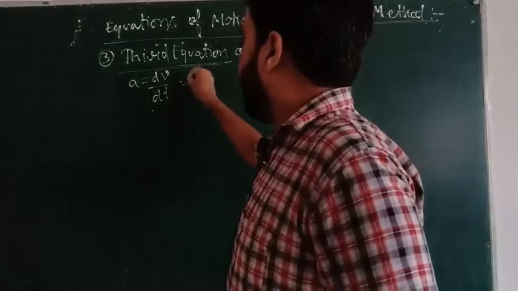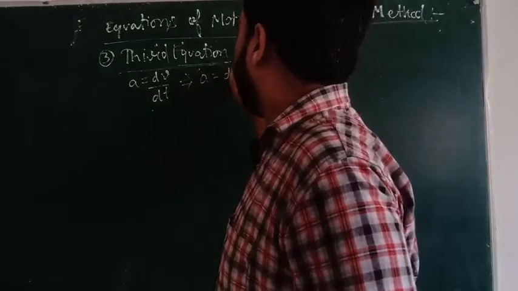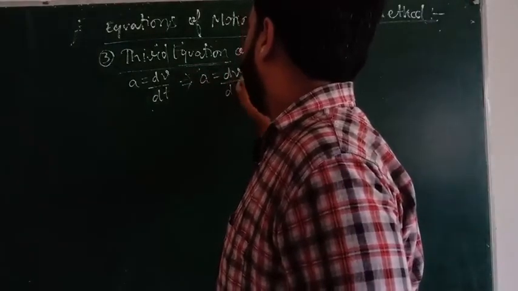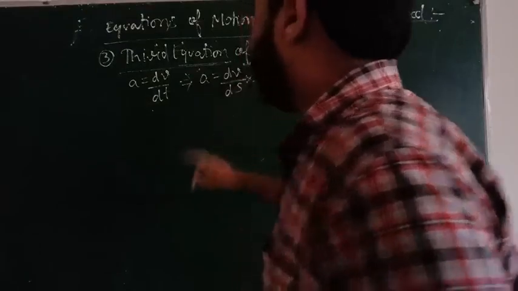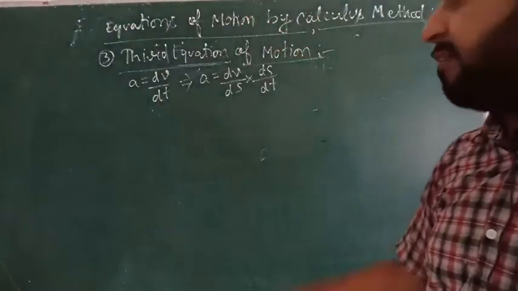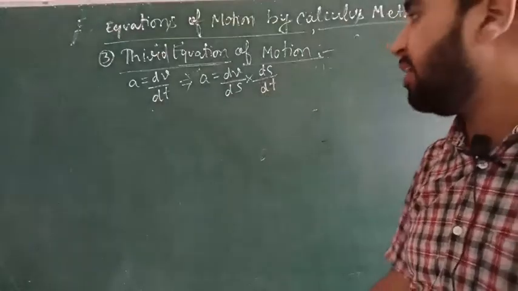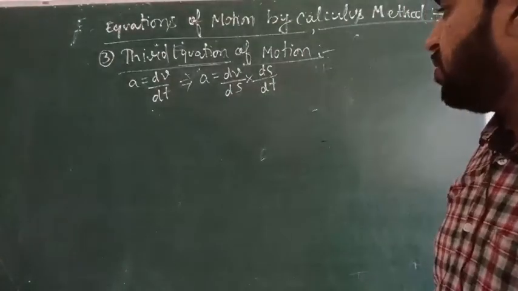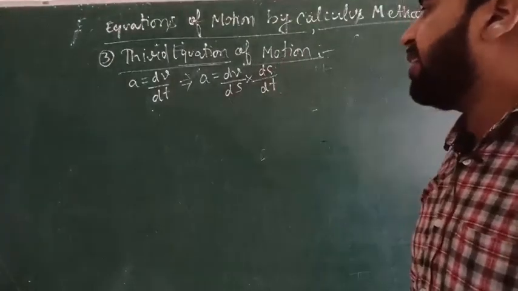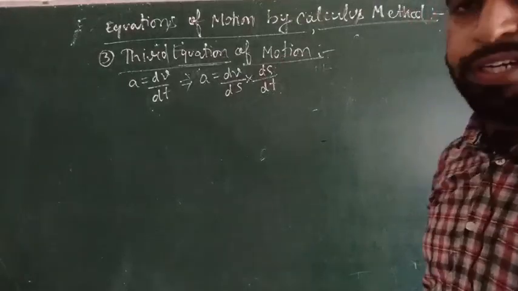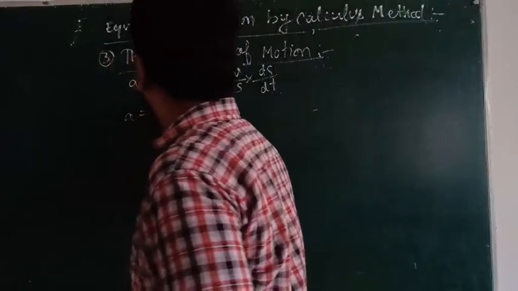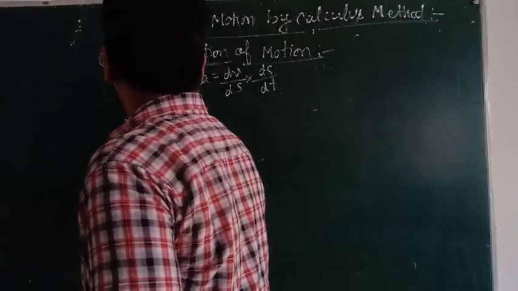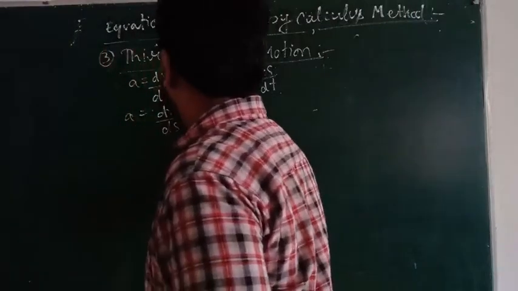Suppose I multiply this by ds and divide it also by ds. ds is multiplied, ds is divided. There will be no effect because it is 1 only ultimately. So ds upon dt is what? ds upon dt is velocity. Displacement upon time is velocity. So acceleration a is equal to dv upon ds into v.